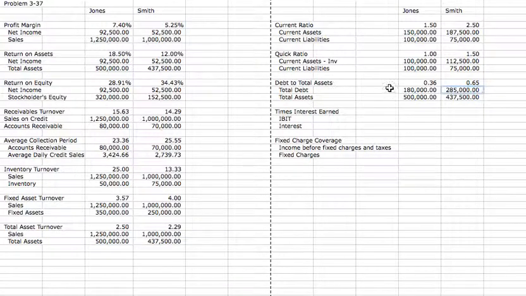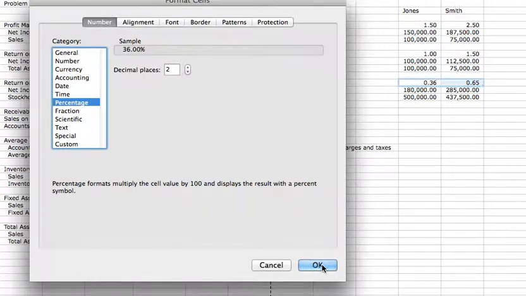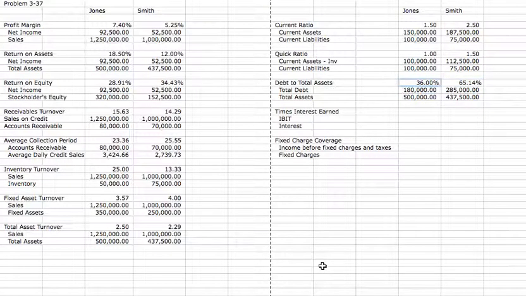Okay, we normally would represent these in terms of percentages, so let's go ahead and format these. You can see Jones is quite a bit less leveraged than Smith. Okay, so that would indicate Smith is using a substantial amount of debt in comparison to Jones. So they're much more leveraged.